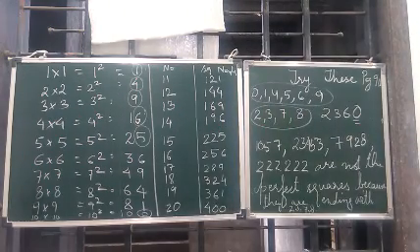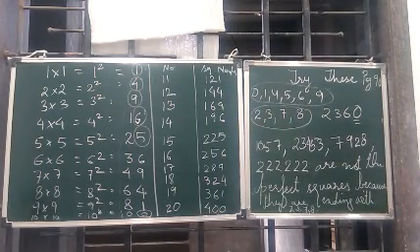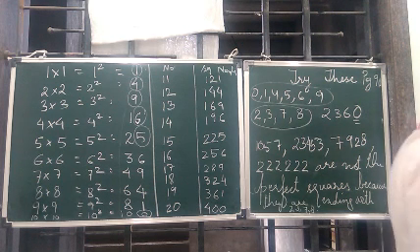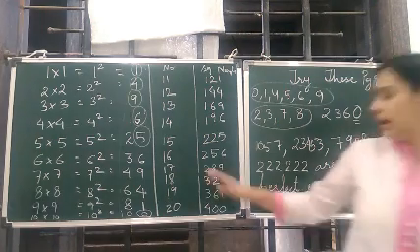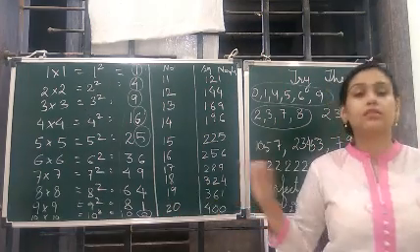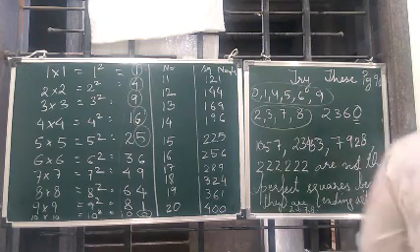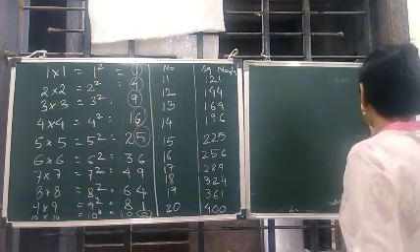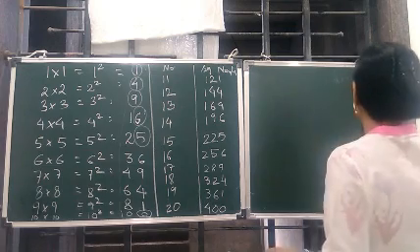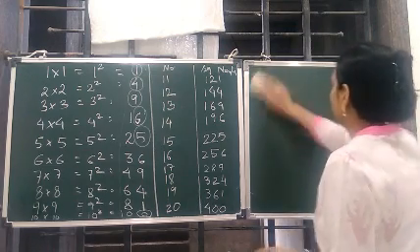Now, again, there is a table, children, in page 91. Study the following table and some of the numbers and the square numbers and observe their ones place. So again, now the square numbers are till 50. I have written till 20. And another table from that table has evolved. Okay?